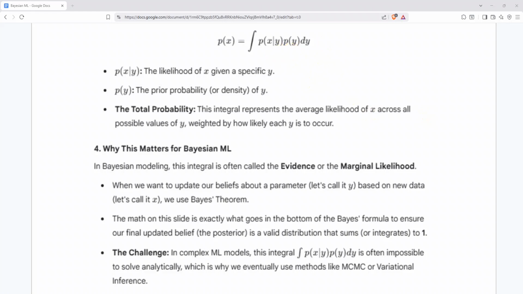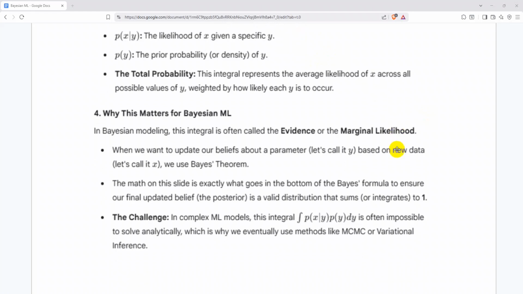In simple terms, it makes sure our final probabilities are valid and still add up to 1. But here's the challenge. In real machine learning problems, this integral is often very hard to compute, sometimes even impossible to solve exactly. And that's why later on we use methods like sampling techniques or approximation methods to deal with it.